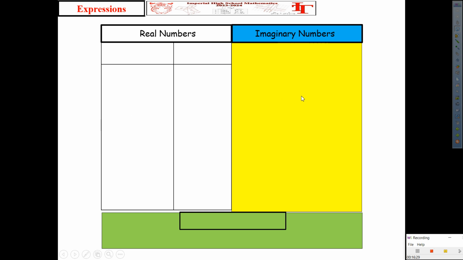So 7 lines down, and then at the bottom make this little green rectangle over here. On the left side, you're going to label that real numbers, and on the right side, imaginary numbers. You're like, what? Oh yeah, this is the year of the imaginary numbers. Give you some time for that.